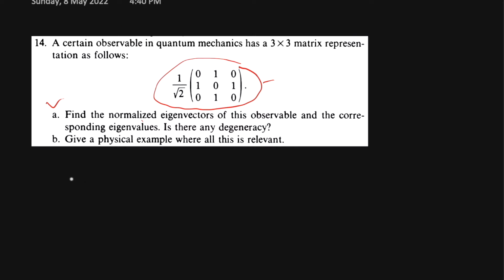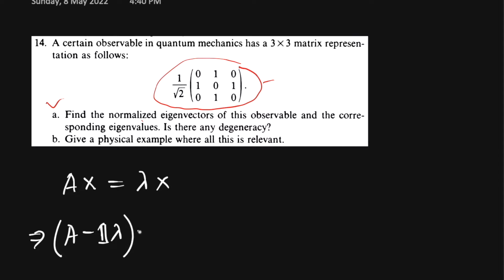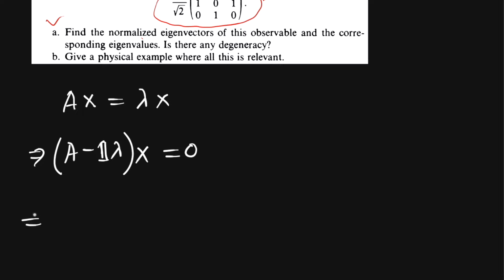So as we know, if x is an eigenvector corresponding to operator A and the eigenvalue is lambda, then (A minus lambda I) x is equal to 0, which implies that the determinant of this matrix is equal to 0.